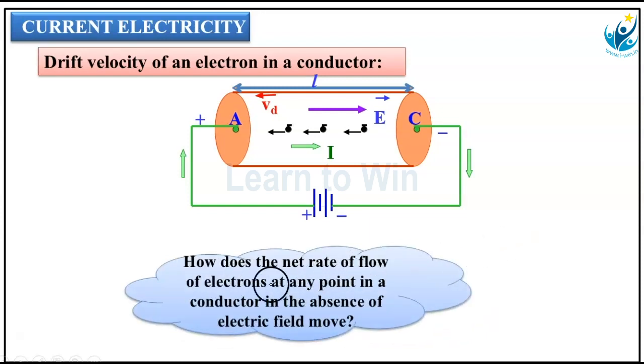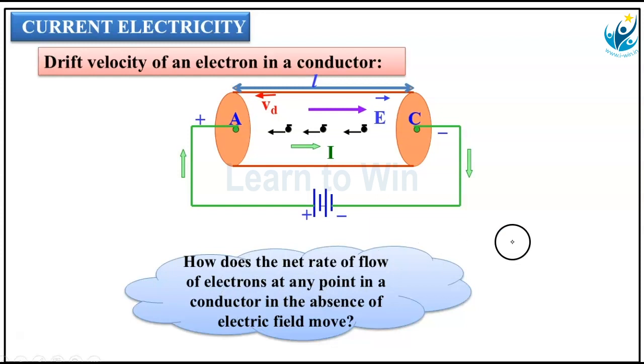Through the reference portion, the number of free electrons flowing from left to right and right to left are both equal.